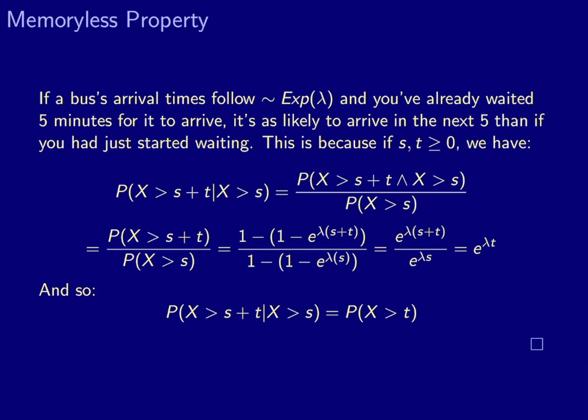Just to be clear about what I mean by the definition of the CDF, remember that when we want p of x greater than s plus t, due to the properties of probability, we just do 1 minus p of x less than s plus t, which is our CDF, this guy, since we're in the continuous world. So that's the same reason this guy equals this guy. You can prove that yourself, it's just a bit of subtraction.